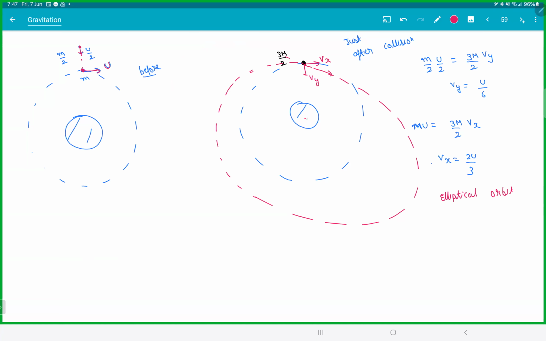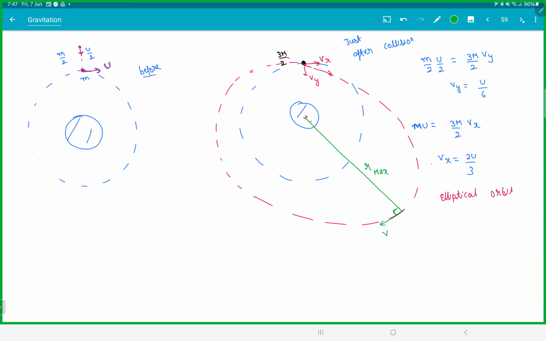So somewhere here, I'm not drawing it properly, but this would be your farthest point. Let that be R. So this is your state 1 and this is your state 2. Have a look at it here.